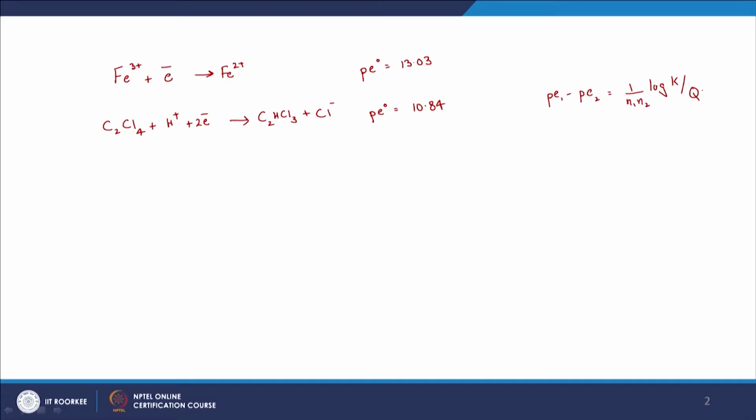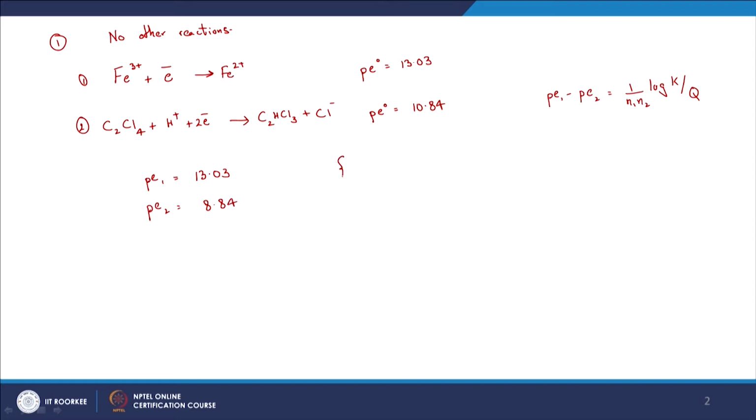Let's go back to our example. The first case we considered was that there were no other reactions other than redox. We calculated the pE value for this half reaction and the second one too. pE1 came out to be 13.03 and pE2 came out to be 8.84.